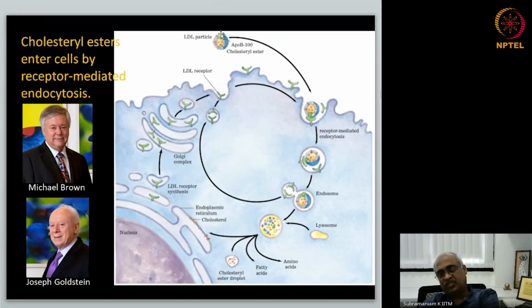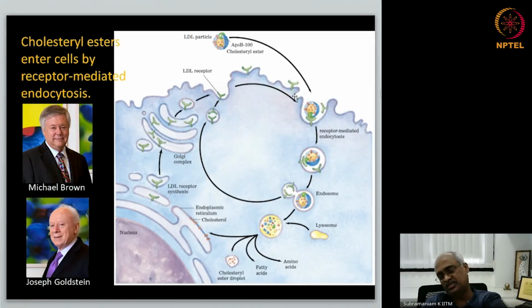So the LDL via this ApoB100 binds to this LDL receptor, and this receptor-ligand binding leads to pinching of the membrane in a process called endocytosis, which you probably will learn in a cell biology course if you have one. Essentially, when it binds, that induces this process called endocytosis.